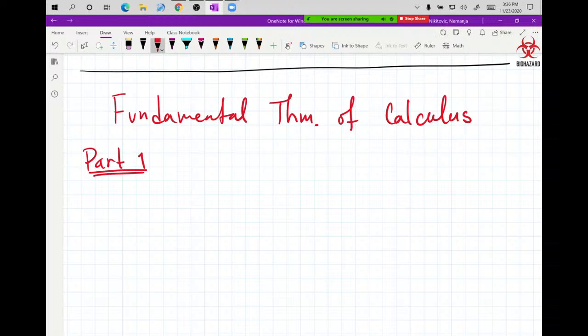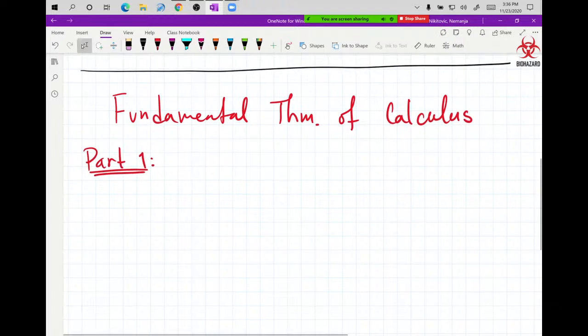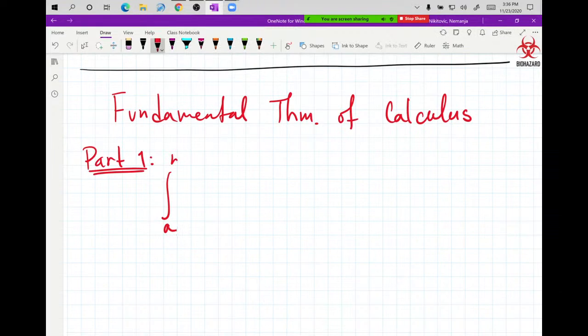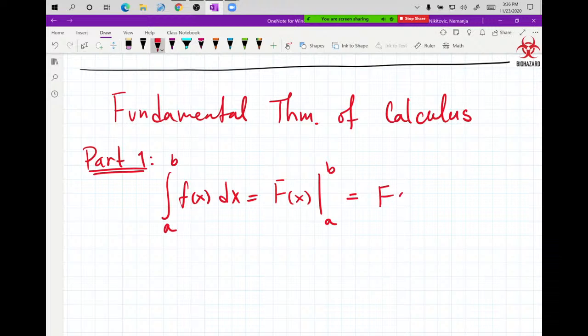Part 1 is going to be the definite integral. You already know that one. So you find any antiderivative and you compute that between a and b, you get F of b minus F of a.